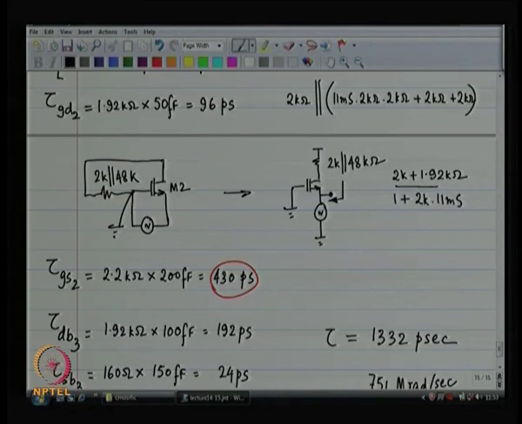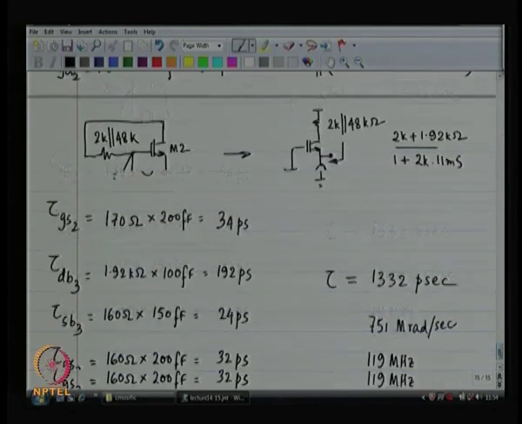Yeah, so that was surprising. Please make this correction. So 430 femtofarads is not right. You get 30 picoseconds, not 430 picoseconds.